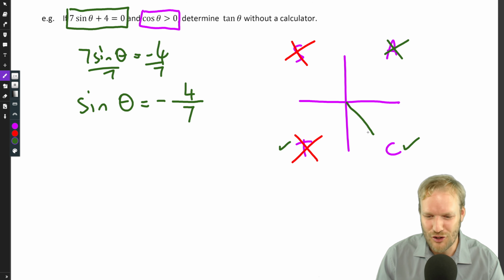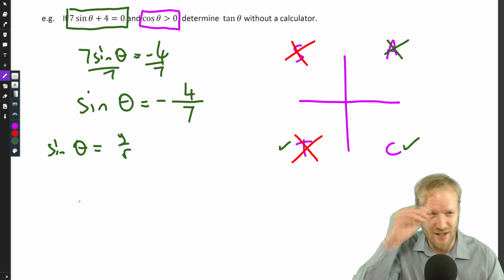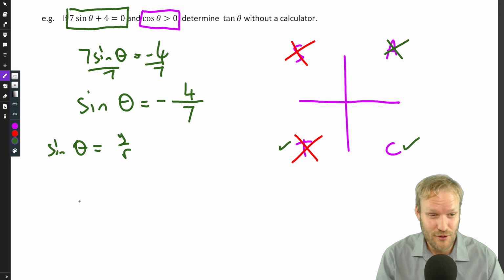It's up to you how much scale you want. I always think, sure, minus 4 over 7. Well, if you remember that sine theta is y over r. Do you remember that? And how do we remember that? Was there shade your rear, another fun mnemonic?